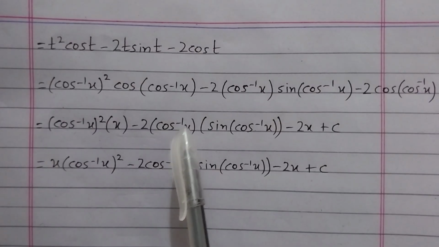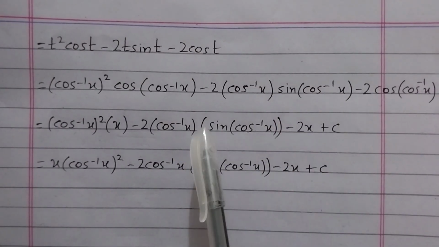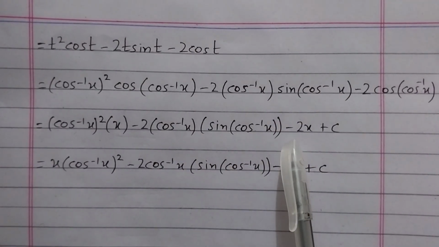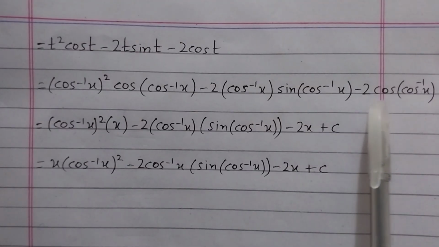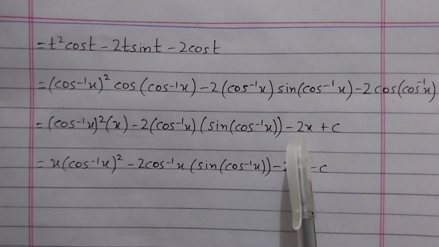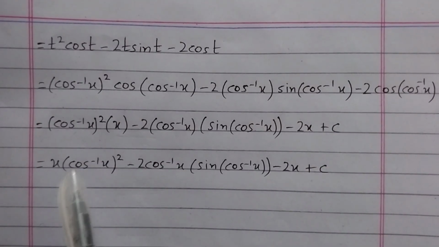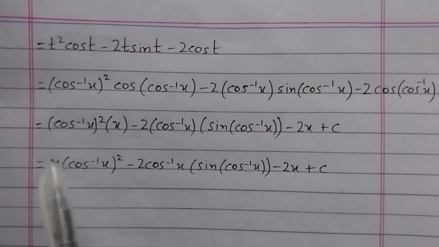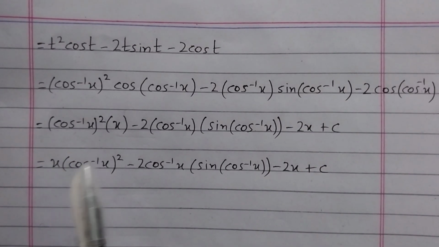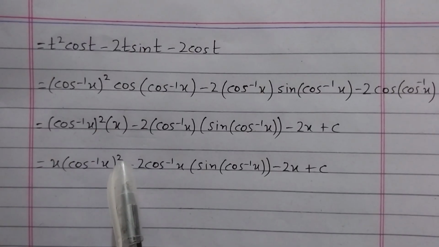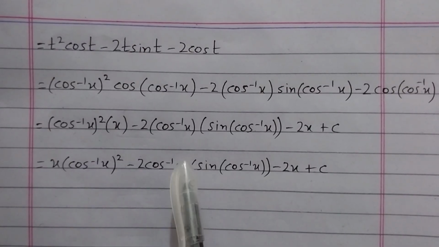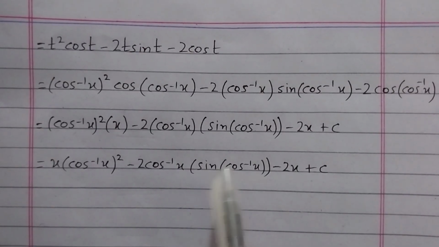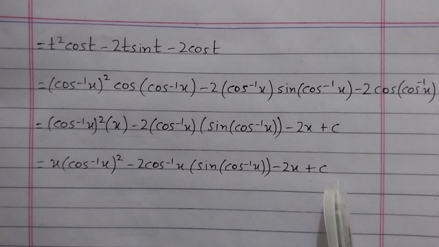Minus 2 times cos inverse of x, which remains the same, times sine of cos inverse of x, minus 2x, plus c, the constant of integration. And finally the solution is x times cos inverse of x squared minus 2 cos inverse of x times sine of cos inverse of x minus 2x plus c.